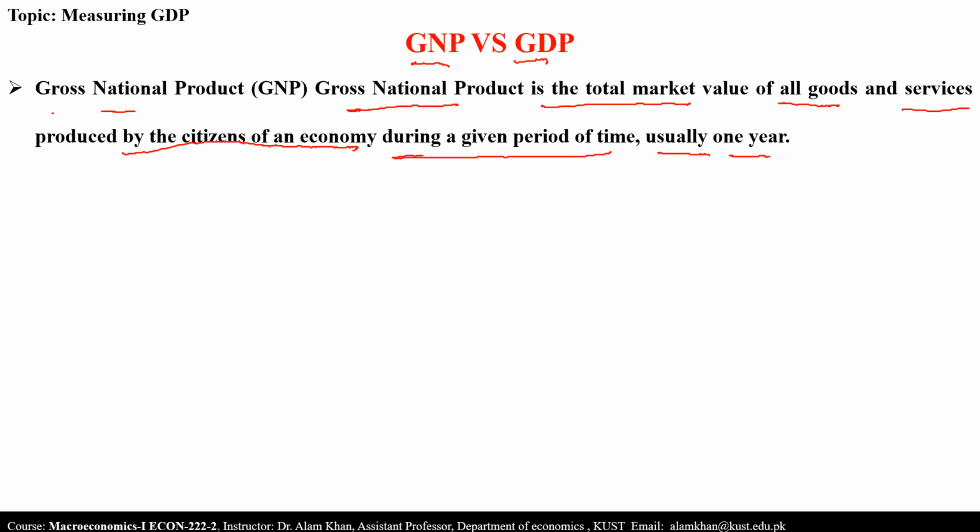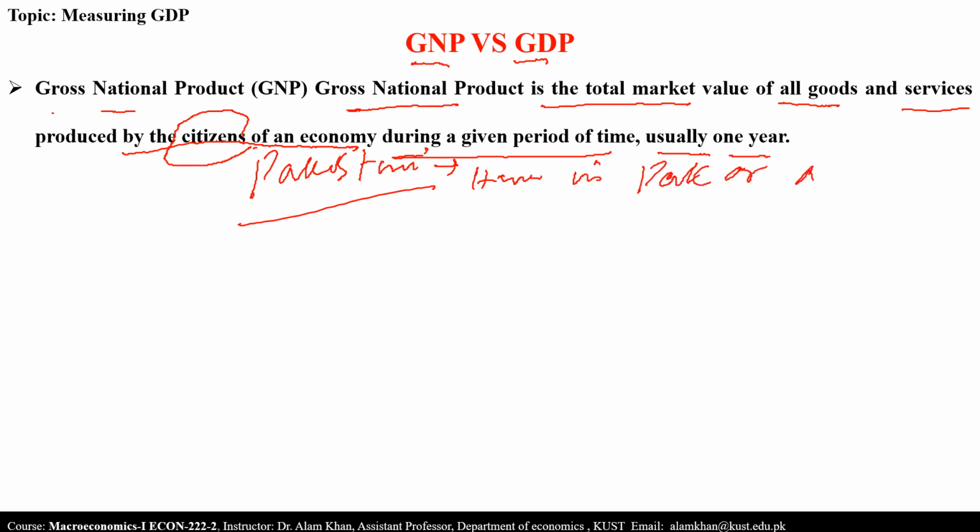That means whatever the citizens of a particular economy, for example Pakistanis, either they are working here in Pakistan or abroad, whatever they produce, being a citizen of the Pakistan economy, that will be calculated in the form of GNP.